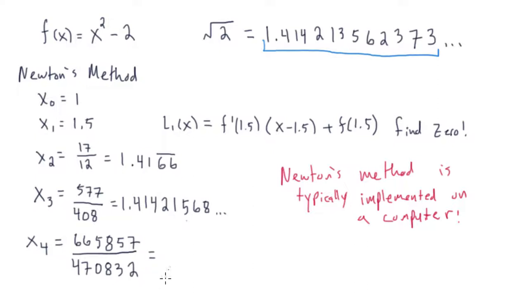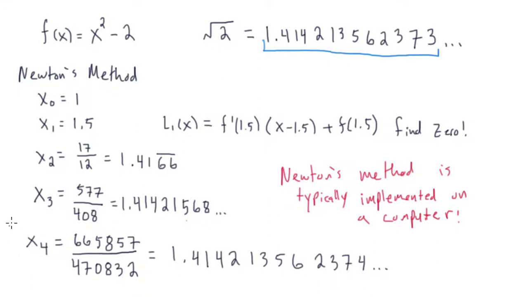And here's where it gets really amazing. This rational number, fraction, is 1.41412627 and then 4, repeated.